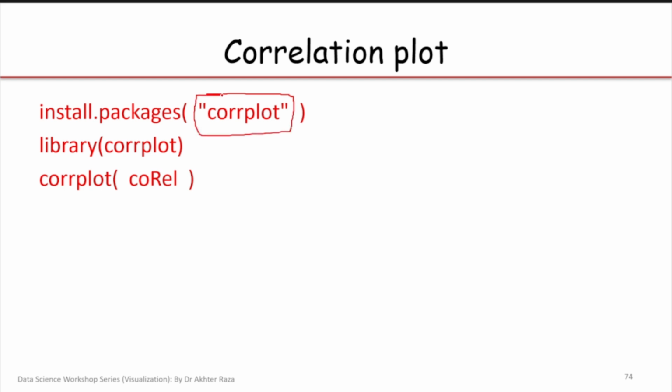Library install and then library initiate. These are the two commands which we will use. And the next command is the corrplot command, which plots all the correlations calculated in the data frame corel on the previous slide.